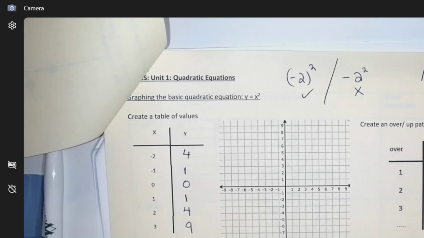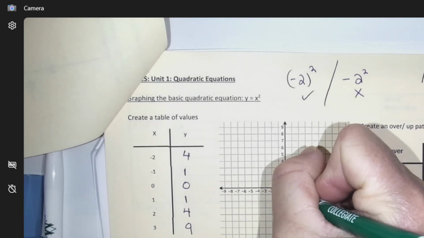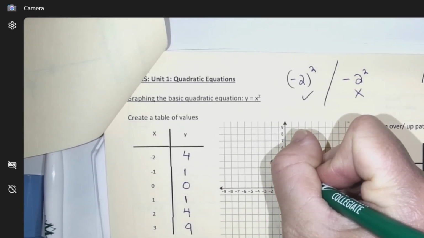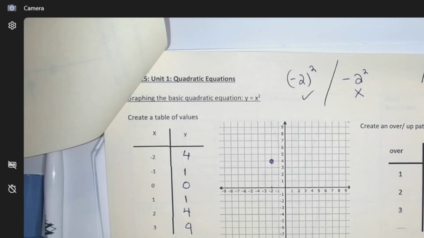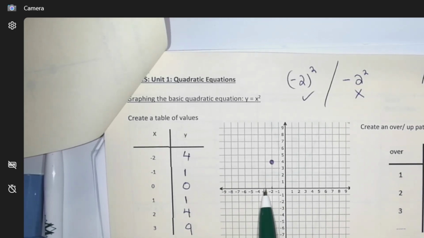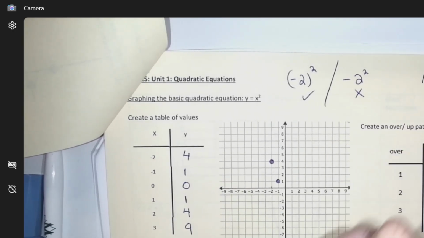Okay, so we're going to graph these coordinates. So can you go like this? -2, 4. And you're all remembering this is x, so you're going to go left 2, up 4, plot a point. You're going to be going left 1, up 1.